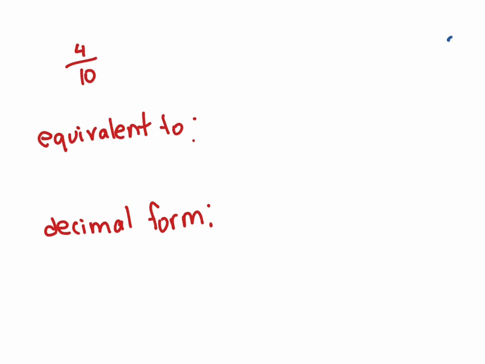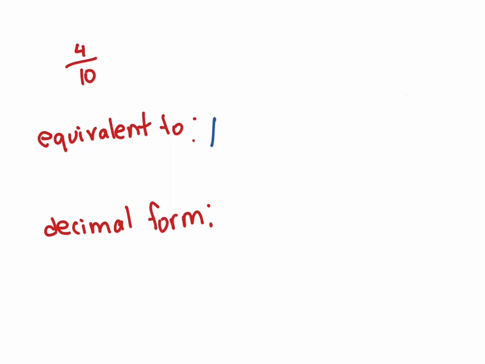And like I said earlier, you can only do tenths or hundredths most of the time. So we're just going to focus on those two. We're not going to do thousandths or anything. So let's see what it is. It's not equivalent to anything.